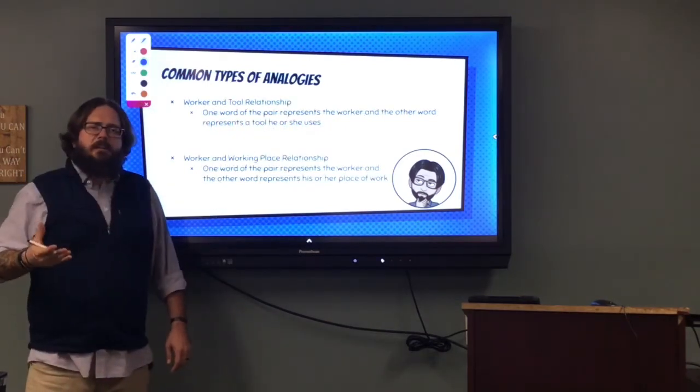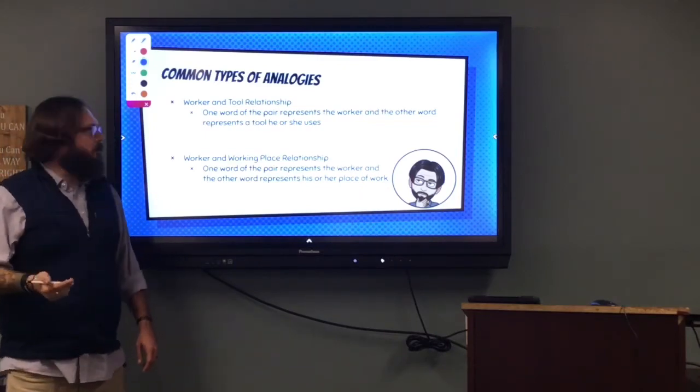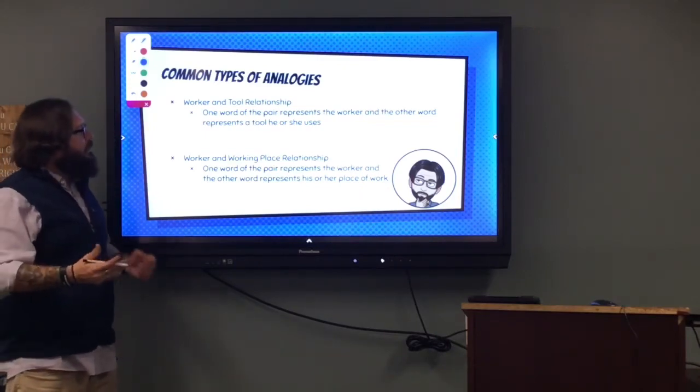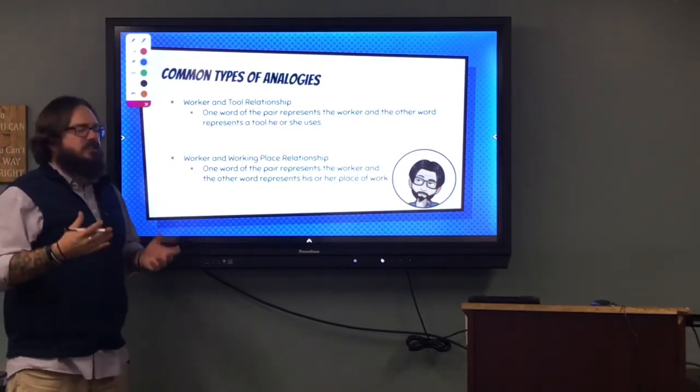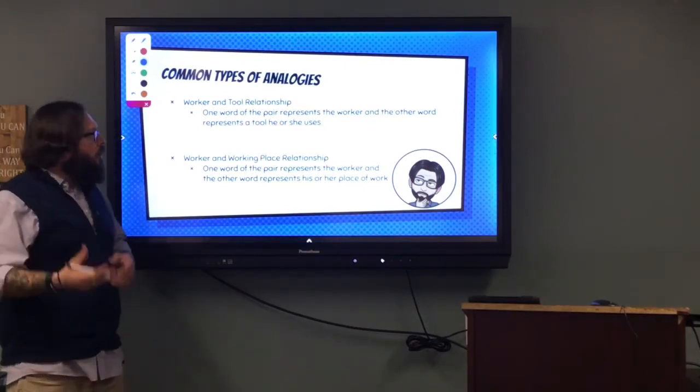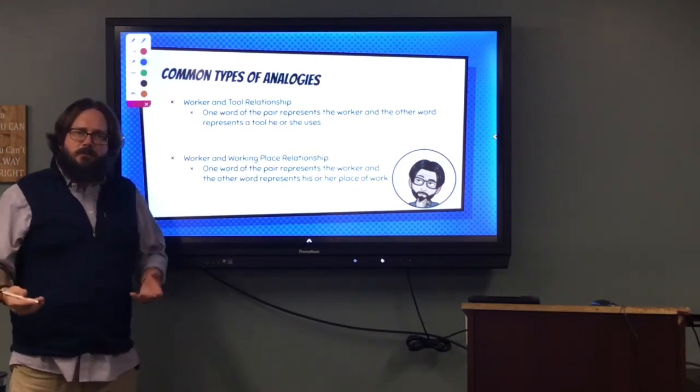The next common analogy is the worker and tool relationship. And this relationship occurs when one word of the pair represents the worker and the other word represents a tool that he or she uses.